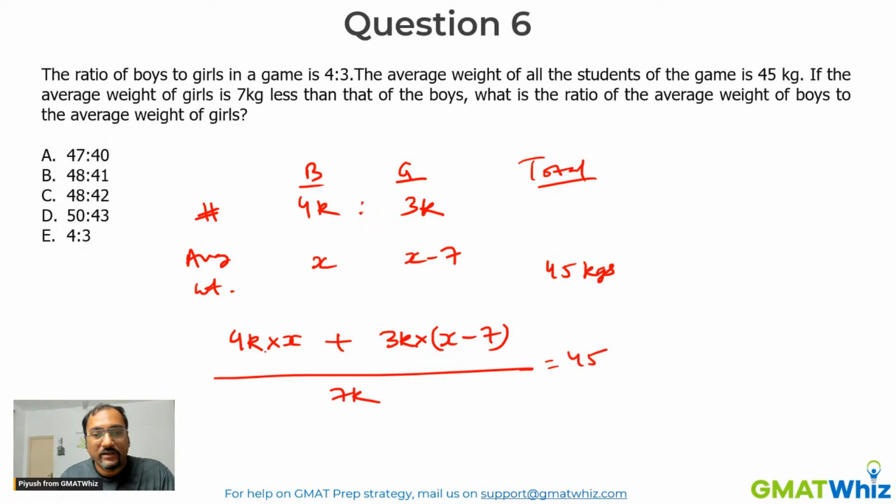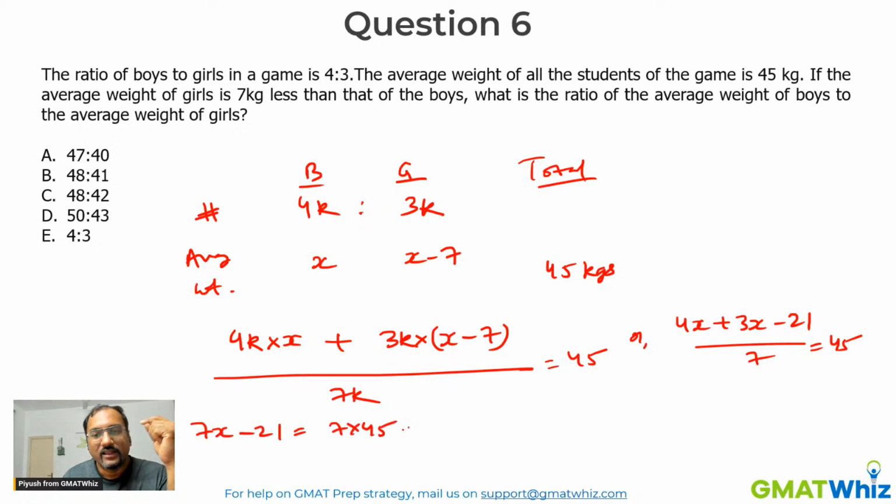If I take K common from the numerator and the denominator and cancel it, I will reduce this equation to 4x plus 3x minus 21 by 7 is equal to 45. Now it says 7x minus 21 is equal to 7 times 45. Unfortunately, a calculator is not allowed on this part of the GMAT, but if you do the math, it will turn out to be 315.